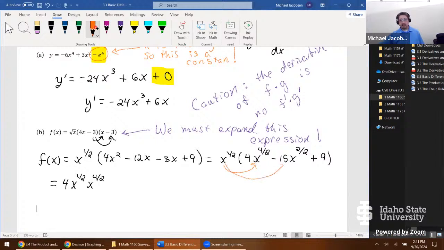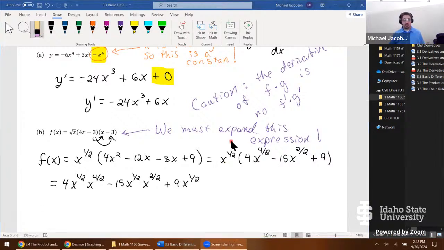Finally, here to here is negative 15 x power 1/2 times x power 2/2. And then the last multiplication here to here is going to be plus 9 x to the power of 1/2. Any questions, folks, to this stage? Getting down to the expanded form?